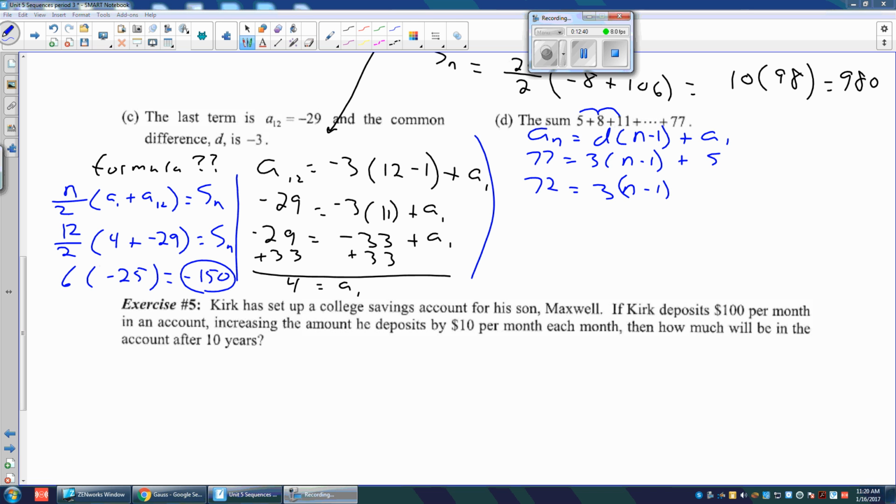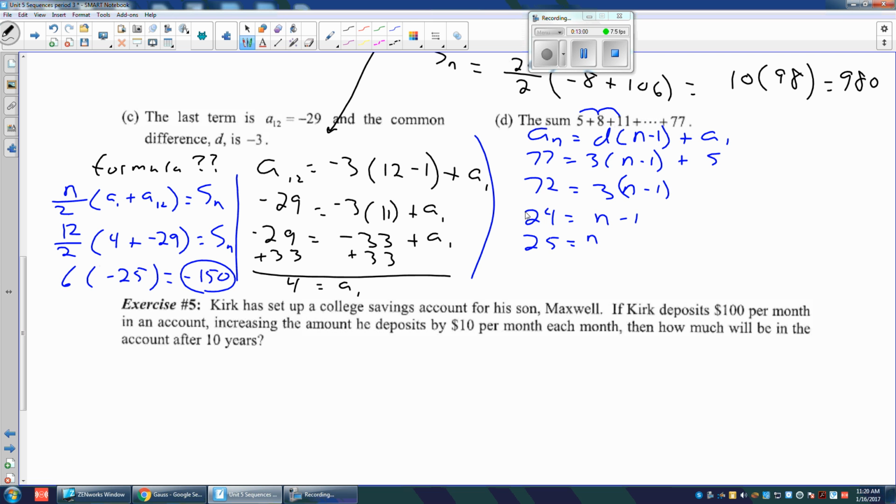Divide by 3. And then add 1. So there are 25 numbers in the sequence.